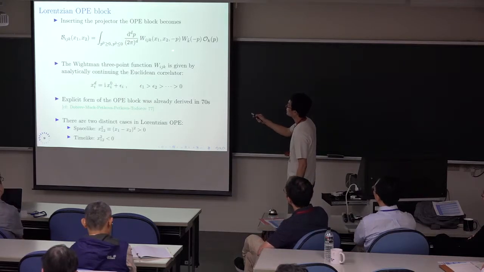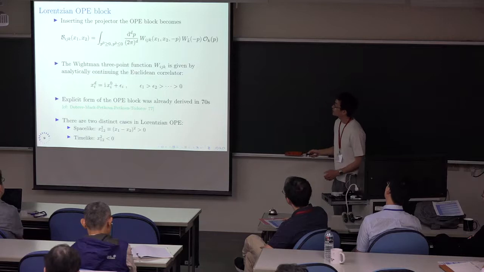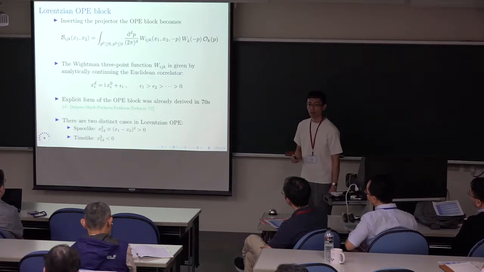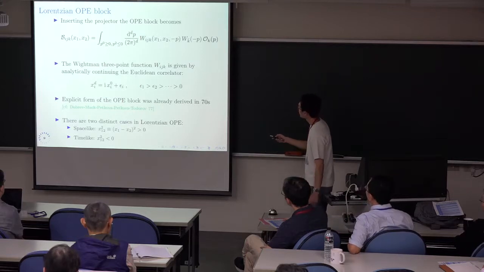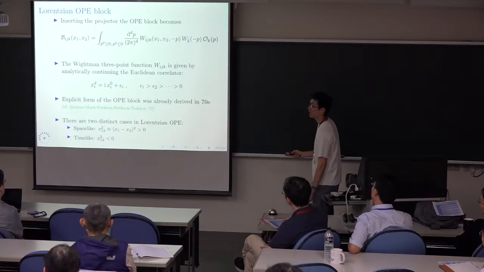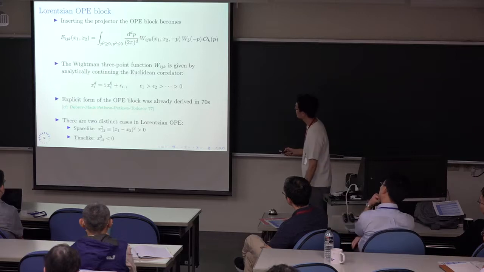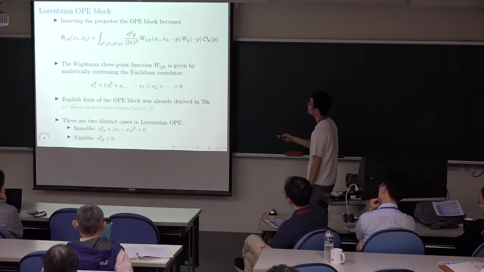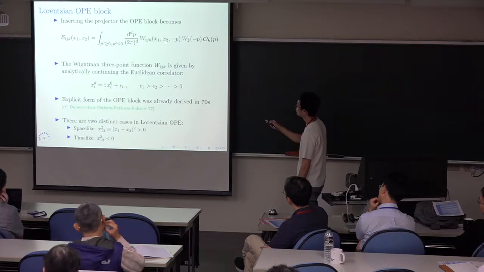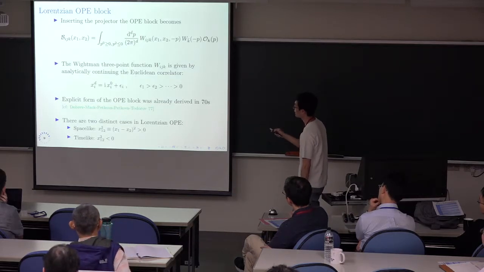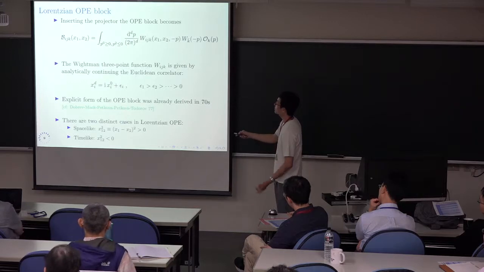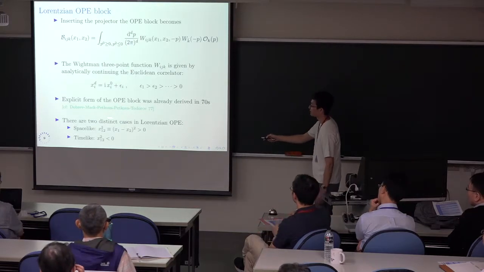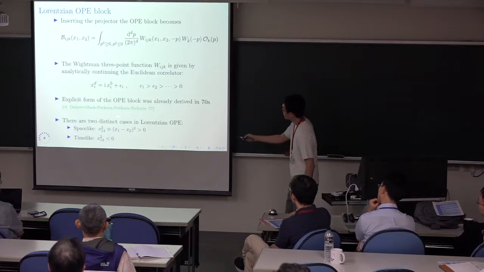Basically, this Wightman three-point function can be constructed just by using an analytic continuation from the Euclidean correlator. I guess most of you are familiar with this prescription, so I won't explain it in detail. But anyway, you can easily construct the three-point function, and you make a Fourier transformation for the third point. Everything was done already in the 70s by these gentlemen, a legendary paper.